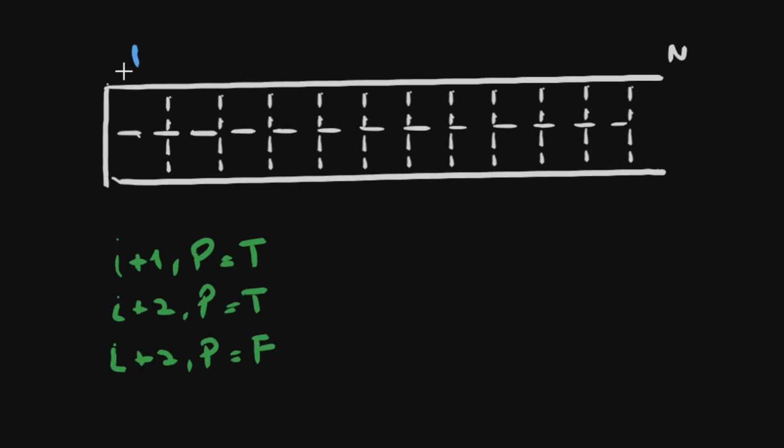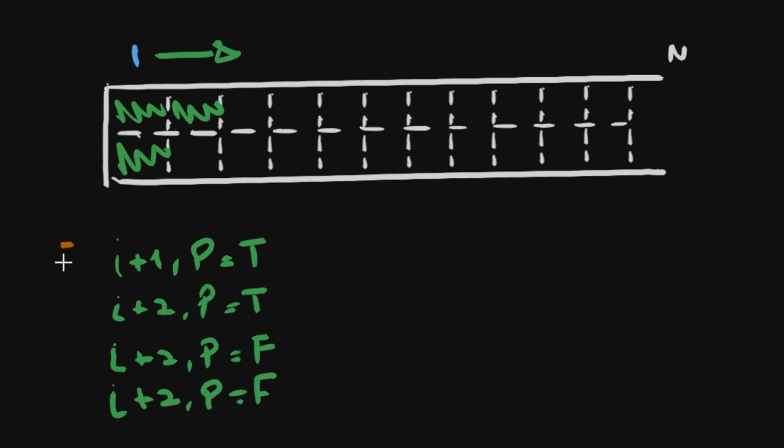And finally, to fill this column we can use a tromino like this and update I 2 spaces, and we will have a gap here. So I plus 2 and the previous column is false. Now these are the only 4 ways to fill a column when the previous column is already full.